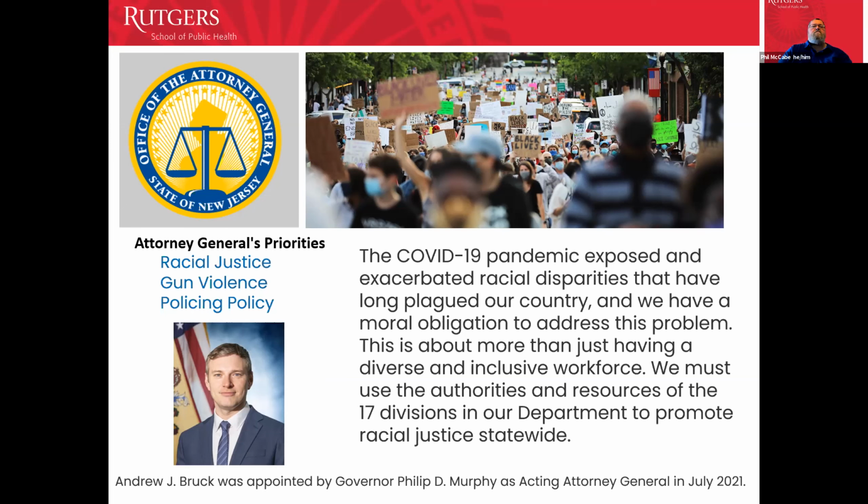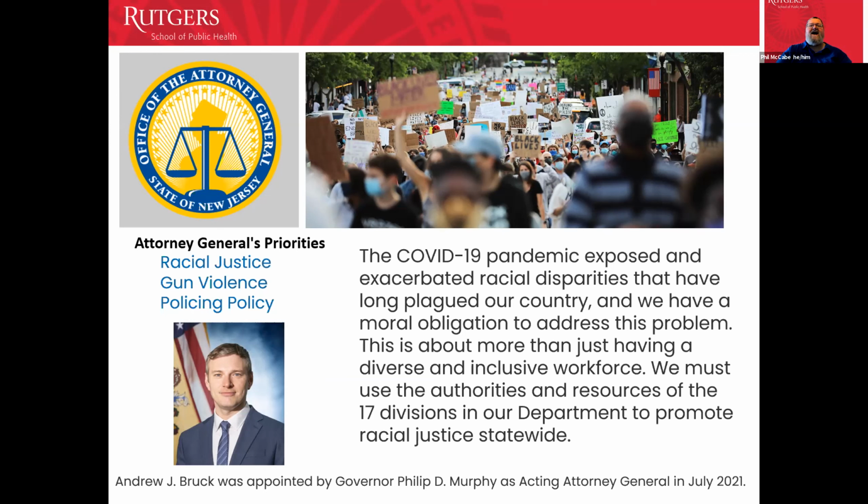Smooth transition by Governor Murphy. He has identified his priorities for his administration: racial justice, gun violence, and policing policy. Okay, so as he says, the COVID-19 pandemic exposed and exacerbated racial disparities that have long plagued our country, and we have a moral obligation to address the problem.